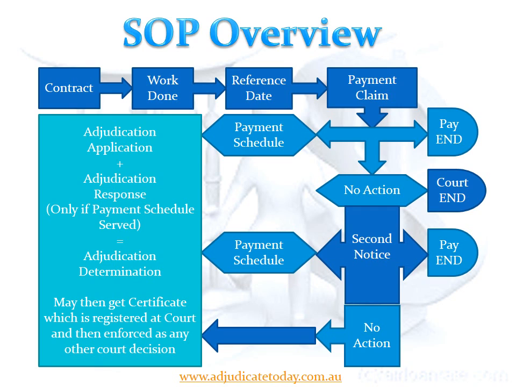If the claimant is not happy, then they can go to adjudication and submit an adjudication application and submission. If a payment schedule has been served, then the other side may submit an adjudication response. The adjudicator will then make a decision called a determination, which includes the reasons for their decision. This determination essentially has the force of a court order.